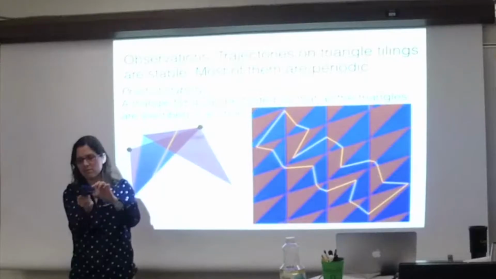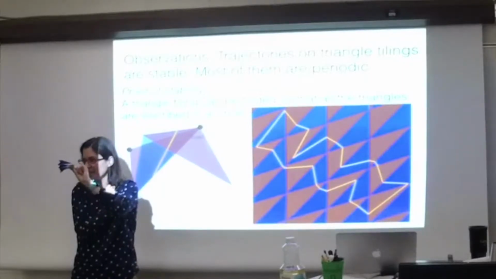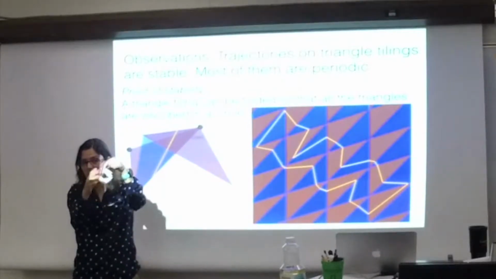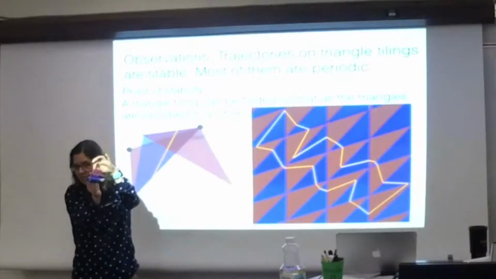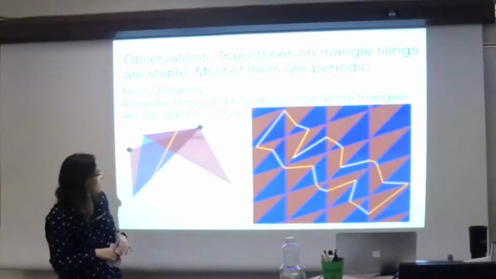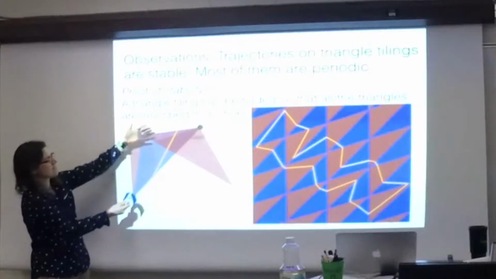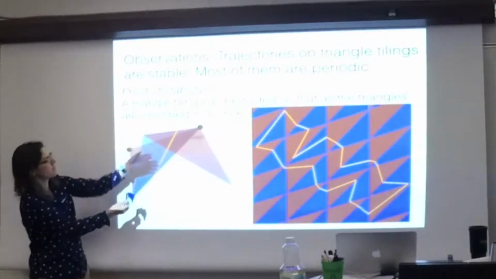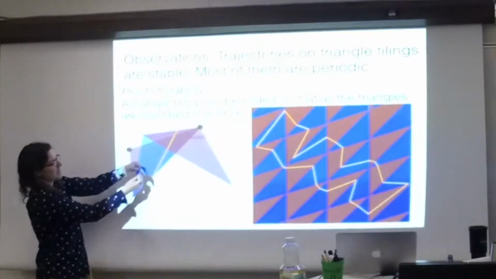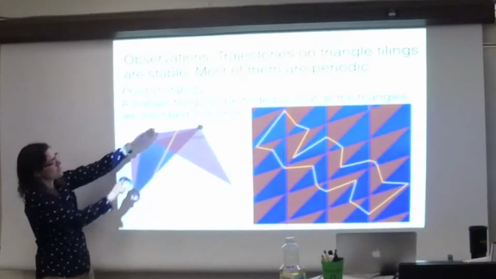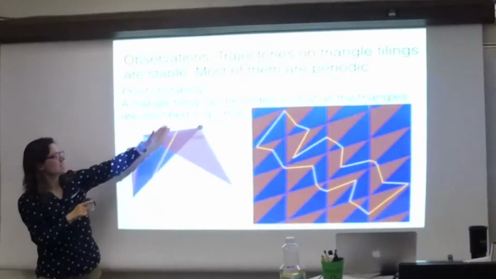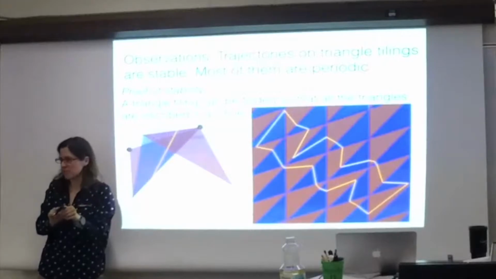Okay, so, you see? They all lie on a line. Pretty cool. So, this is a simplified picture, but you have all the triangles folded up, and then you have a circle with this one chord where all the trajectories are.